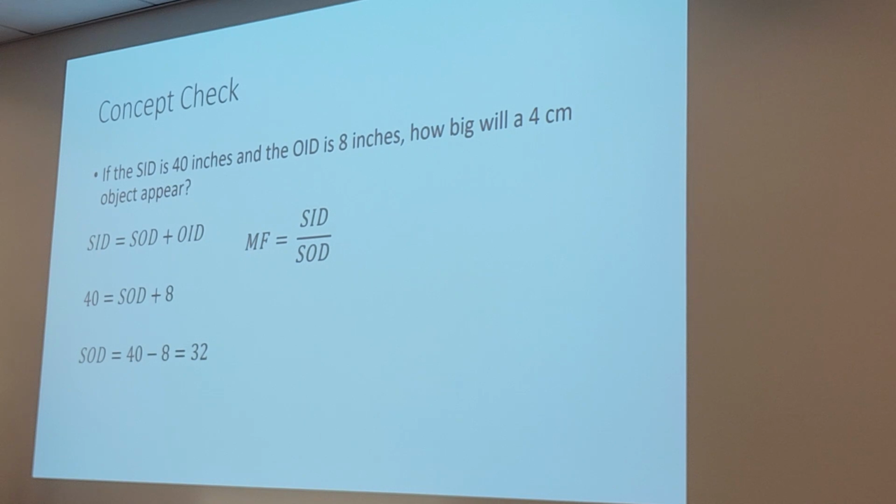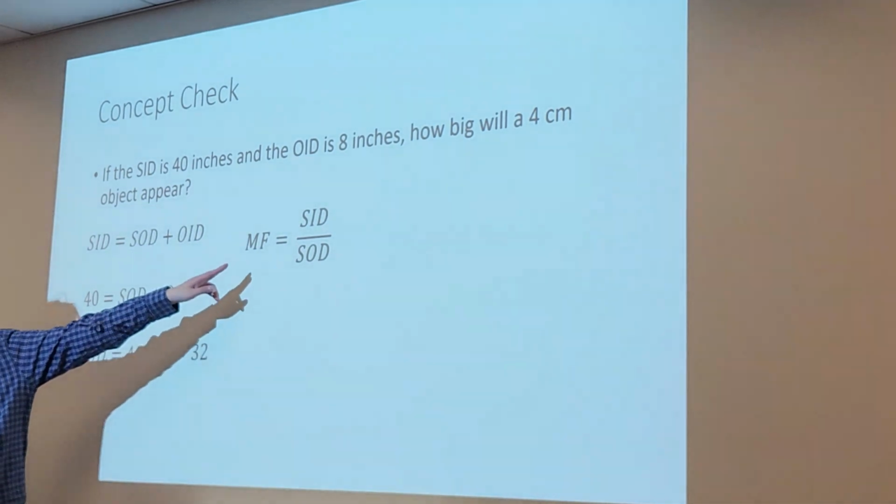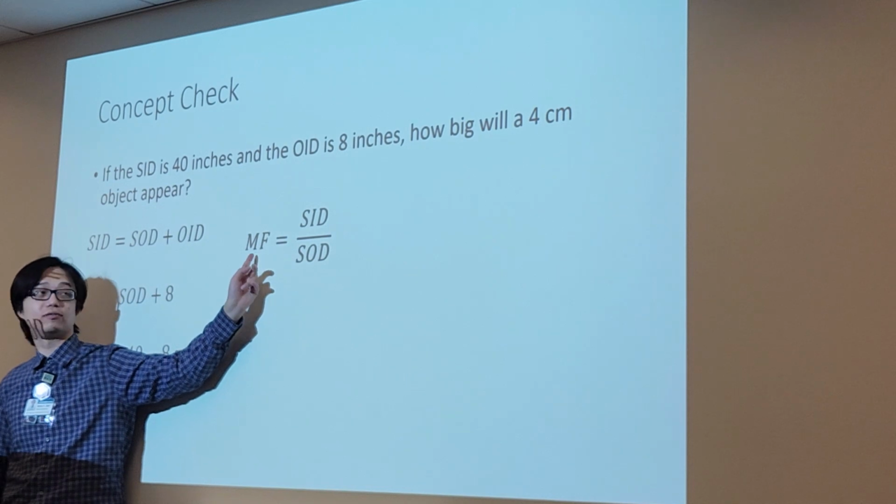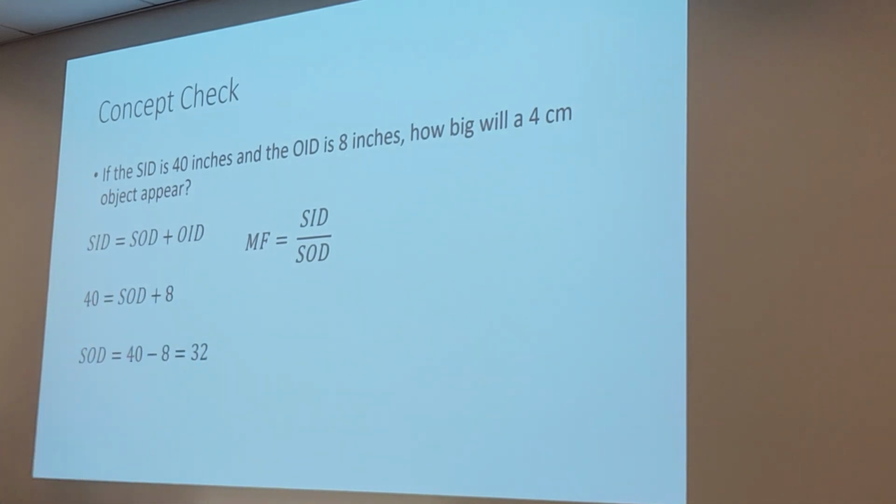What is our magnification factor? SOD is 32, the SID is 40. So it's SID over SOD for magnification factor first. 1.25? Good, 1.25.